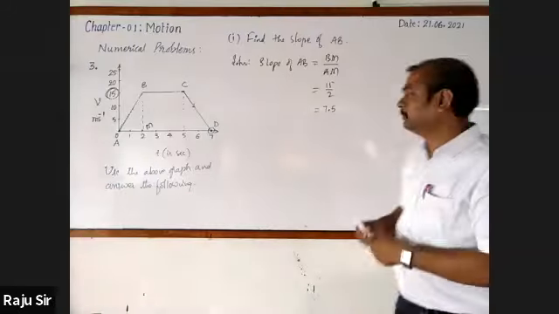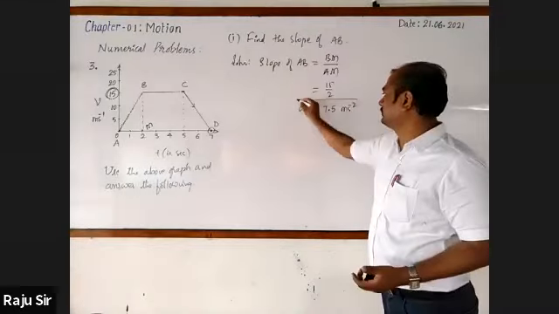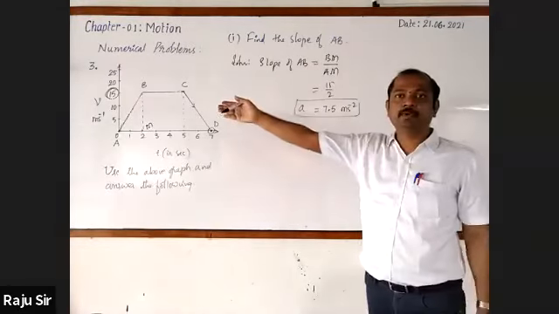Meter per second square, because it is acceleration. You know that slope of the graph gives acceleration.